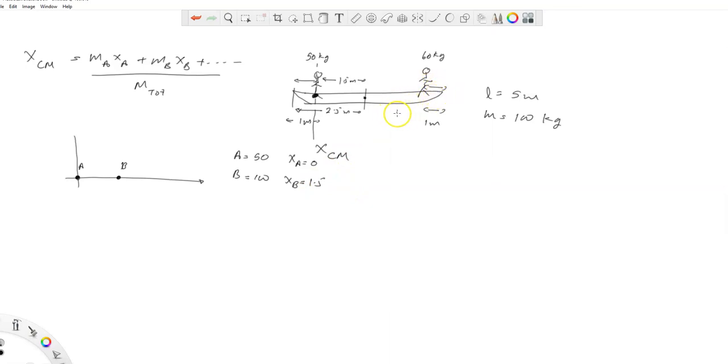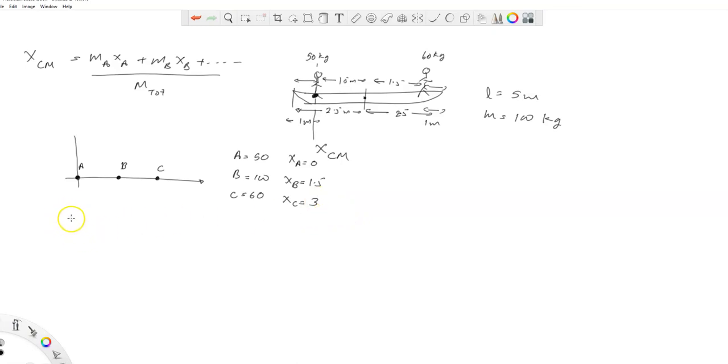So that means this is also 2.5. So 1 meter, so this is also 1.5, right? It's kind of symmetric distances. So the third person is over here. C is 60. XC is what? This is 1.5. This is 1.5. 3 meters.